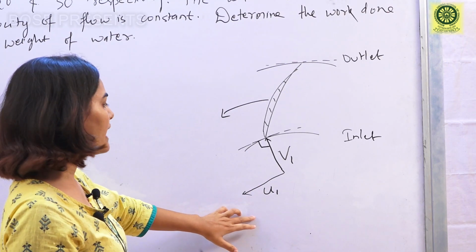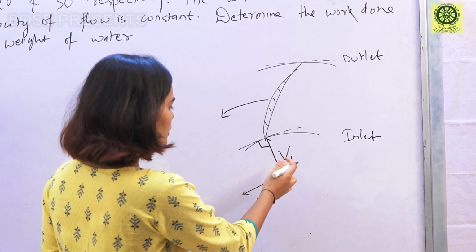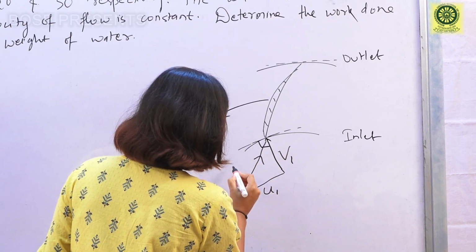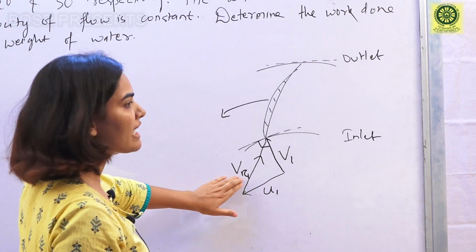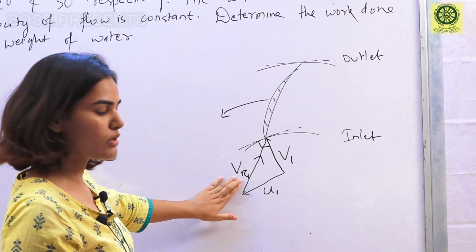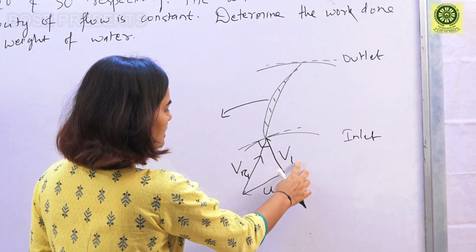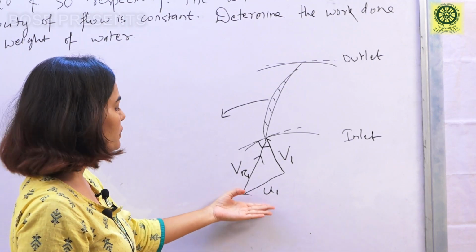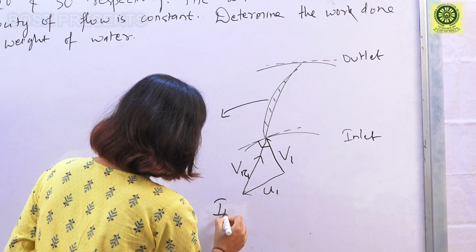Water is actually entering the impeller with a relative velocity. If we join these two, we get a velocity denoted VR1. VR1 is the relative velocity, the actual velocity of water with which it is entering the impeller. The subscript 1 denotes the inlet. So this completes our inlet velocity triangle.